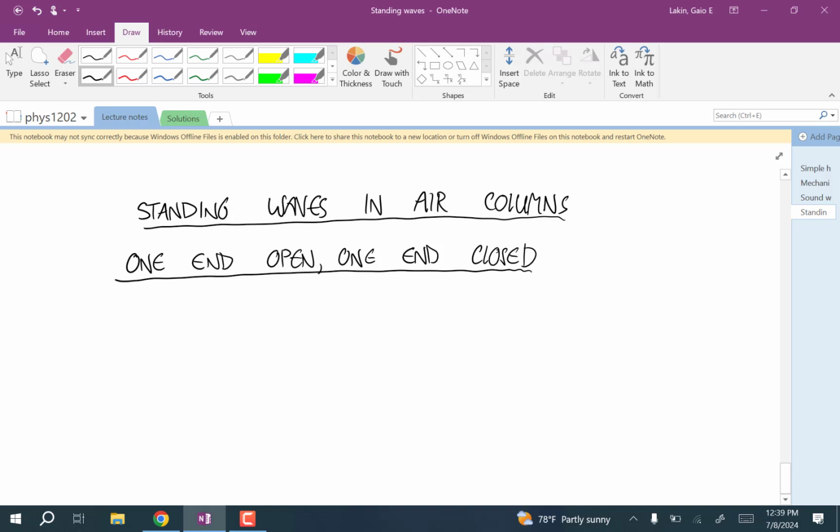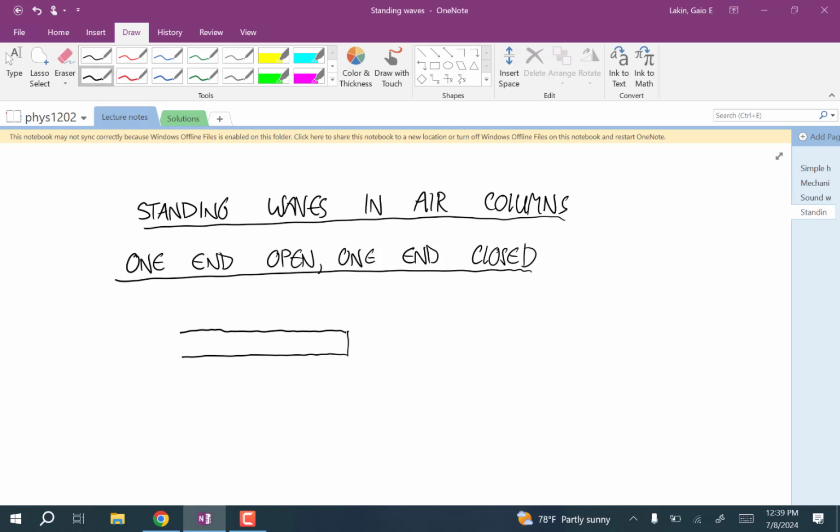So let's think of the closed end over on the right and the open end on the left. Okay. And we're going to think about the air molecules. What kind of motion do they have in this standing wave?